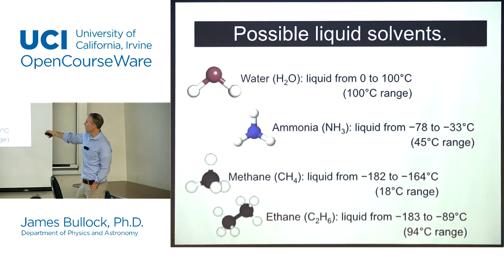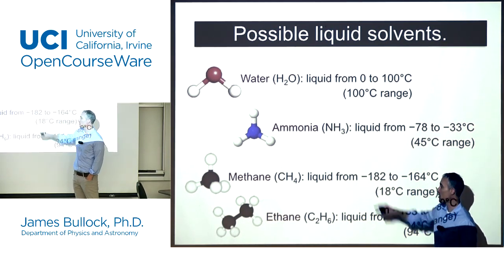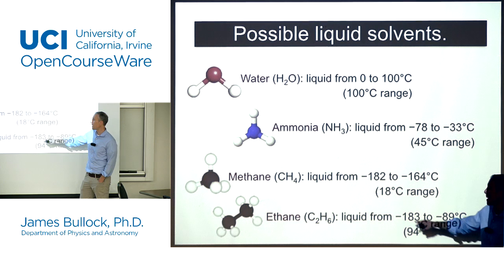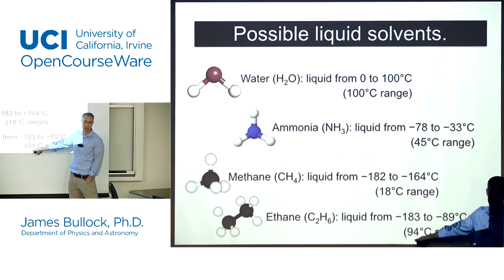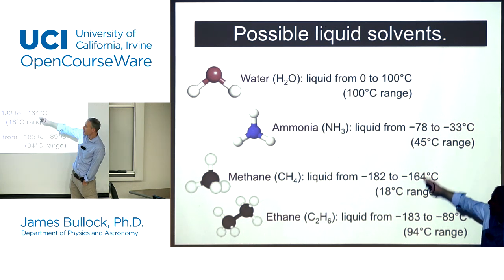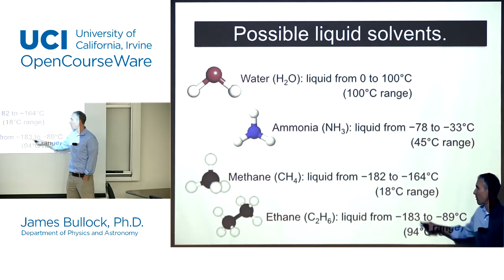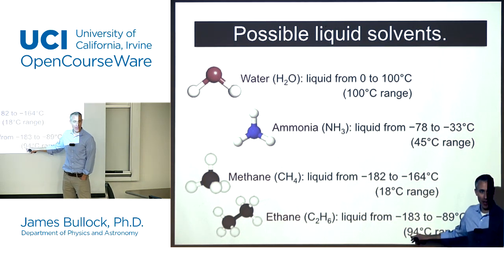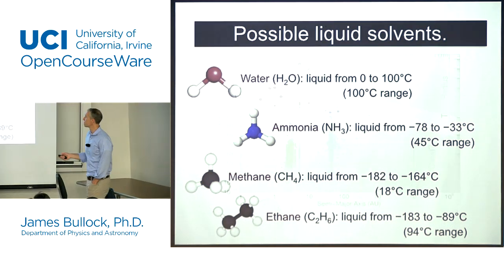But other things, like ammonia, can be liquid too if it's cold enough. Methane, if it's very cold, has a narrow range of temperatures where it's also liquid. And ethane is maybe even better because it has a 100-degree temperature range where it can be liquid. So maybe you can imagine some foreign planet that was cold enough that you had ethane acting as water, and that could also be some kind of liquid carrier for life.